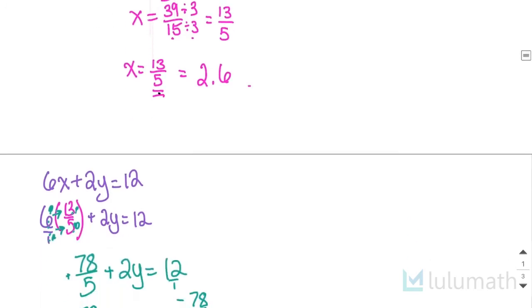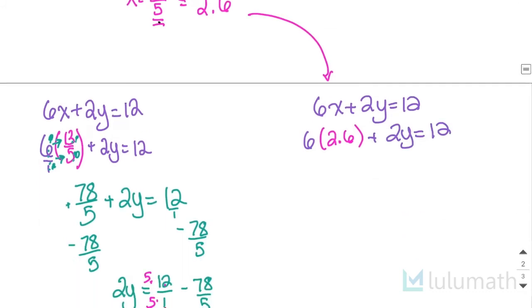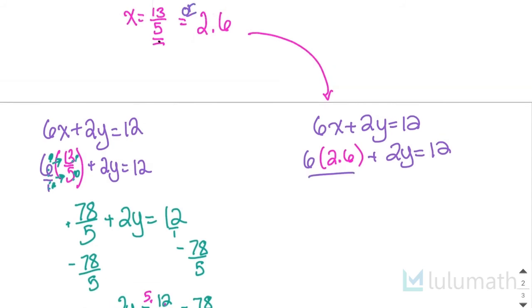So when I get to this step, I can copy down my purple equation, 6x plus 2y equals 12. I can do 6 times 2.6 plus 2y equals 12. Multiplying the 6 by 2.6, I get 15.6 plus 2y equals 12.